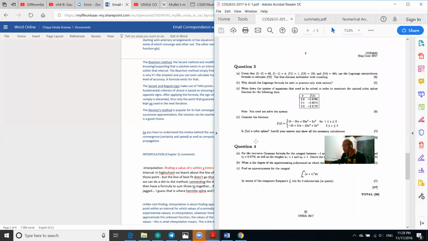Okay, fine. Write down the system of equations that need to be solved in order to construct a natural cubic spline of the following data. Okay. This one I'm completely clueless. This is probably one you have to know the formula for.